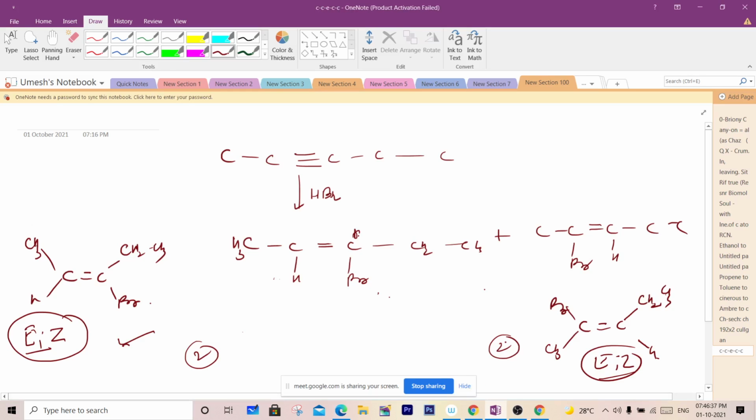If all the 4 atoms or group of atoms across the double bond are different, in that case, we do not call it cis or trans, but we'll give it the name E and Z. Among these two, methyl and hydrogen, one is given higher priority, other is given low priority.